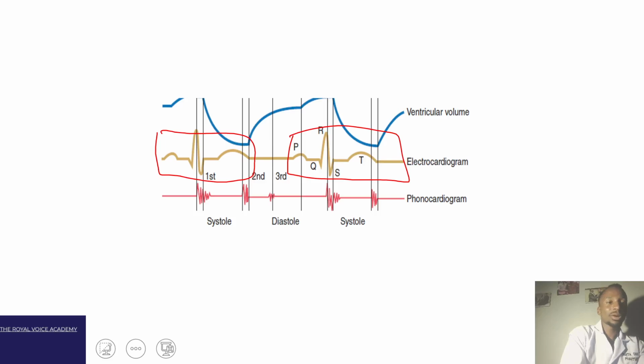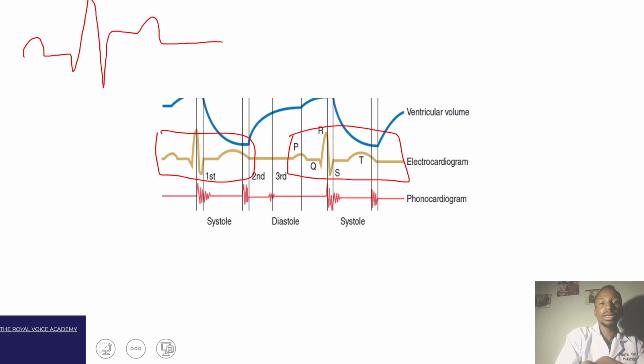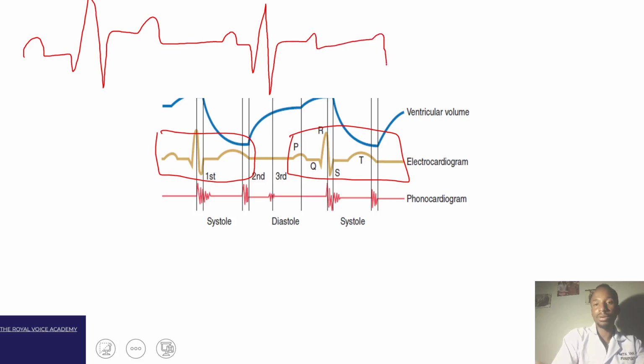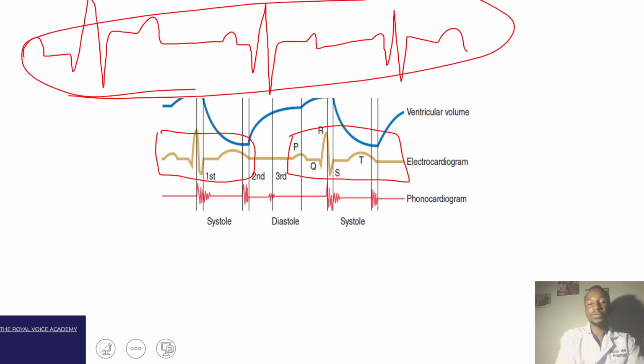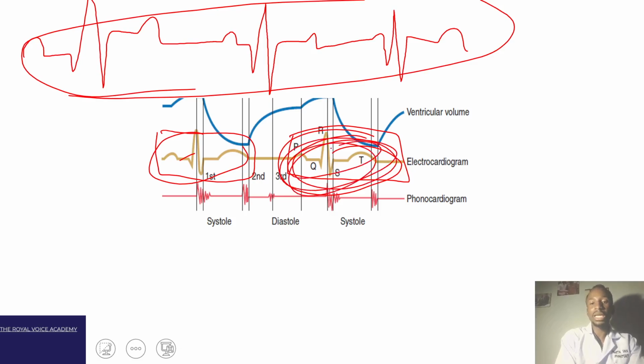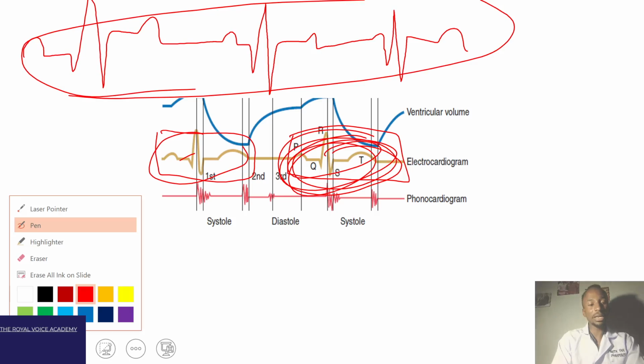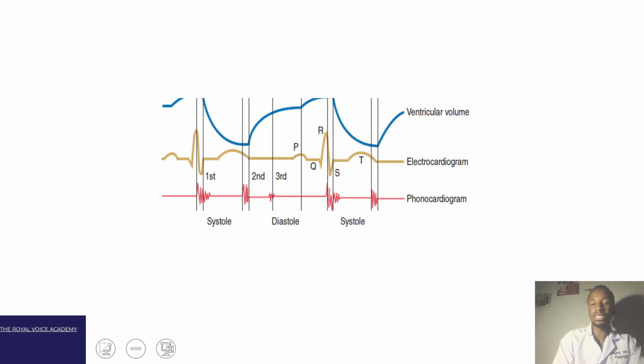When you're drawing it, you go up, then come down, then go up again, then come down again. You see this whole thing is just repeating itself. So we are going to zoom in on this part here, because that is where they are labeled, and that is where it will make it easy for us to understand.